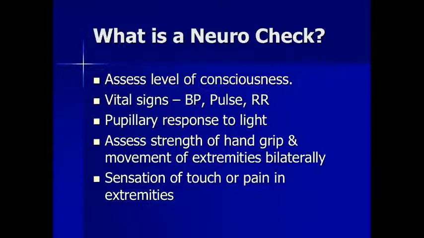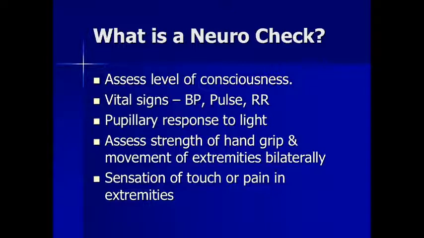Vital signs is another part of the neuro check. When you look at each vital sign in neuro patients, we look at the blood pressure. It's very labile in neurological events. Generally, we see a widening of the pulse pressure, evident with increasing intracranial pressure.